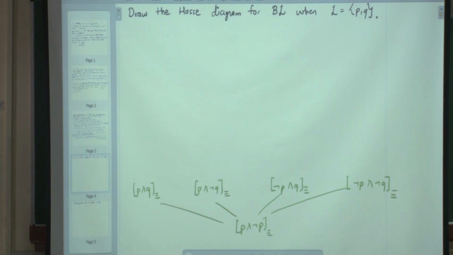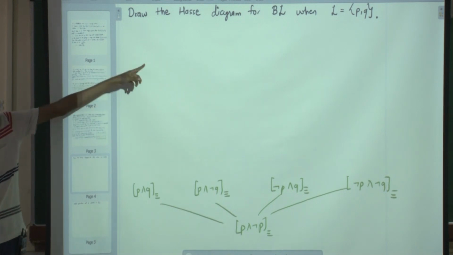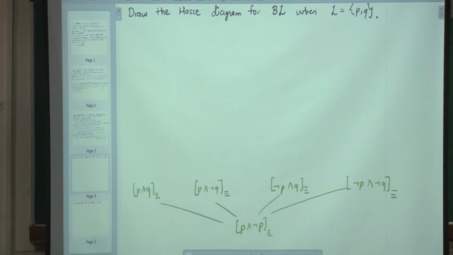Now if we are allowed to use all the symbols, then can you tell me what is the top one? Top one is tautology. How to write tautology? P disjunction negation P. Okay. What are the coatoms? Coatoms are precisely the atoms of the inverted Boolean algebra.